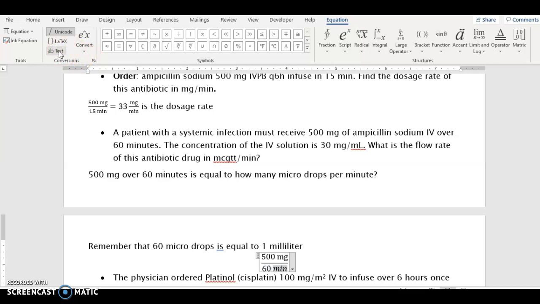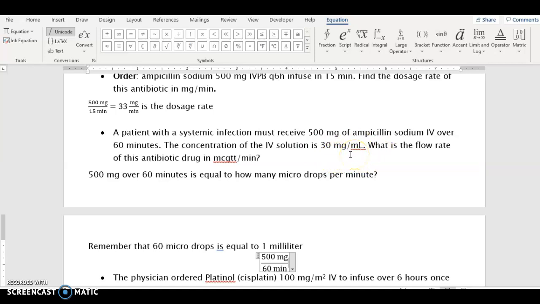That's going to be our dosage rate. Let's not worry about simplifying. Let's just leave it as 500 over 60. We don't know how many milliliters are in the bag, but it does tell us the concentration: 30 milligrams are in 1 milliliter of solution.